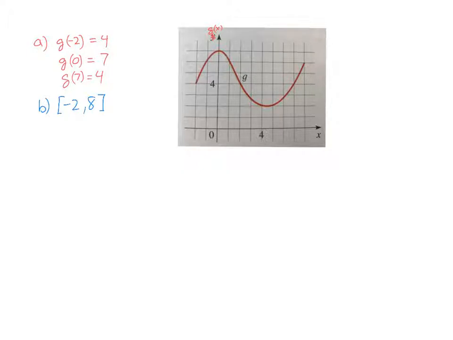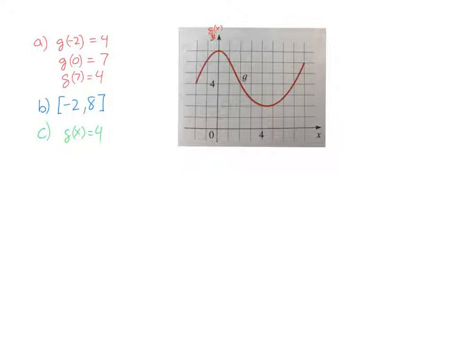All right, now let's try C. C says, find the values of x for which g of x equals 4. So what I'm going to do is go up to g of x equals 4. That means I want my outputs to be 4. And everywhere my output is 4 is going to be here, here, and here.